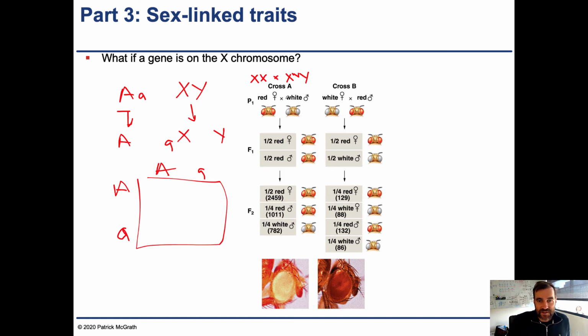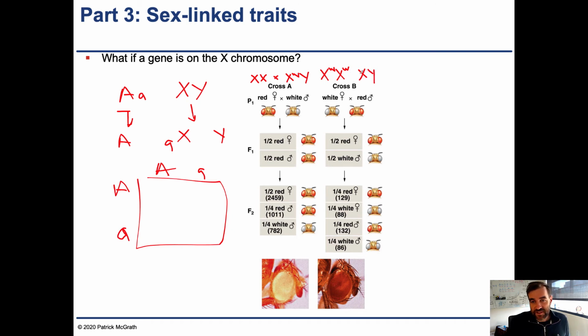So we cross these together, and all of the individuals are red as a result of this. We could also do the opposite cross, where we cross a white female fly to a red-eyed male.